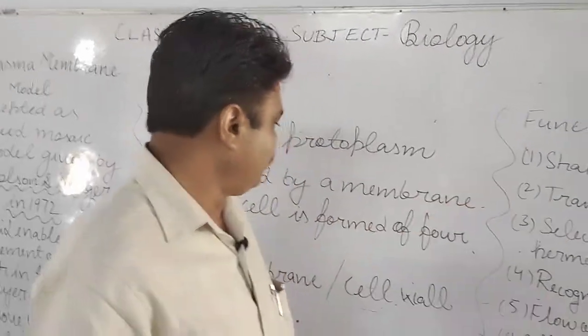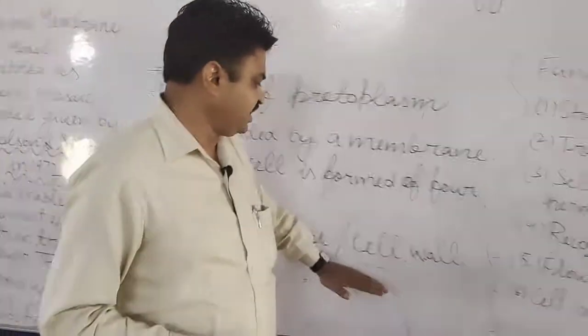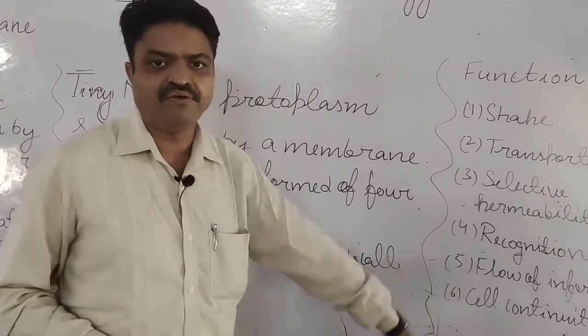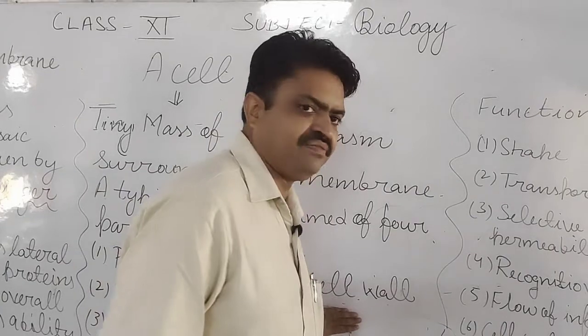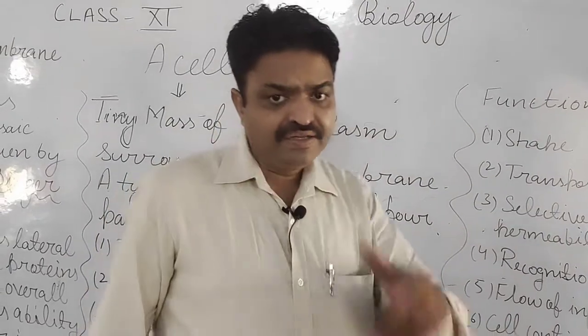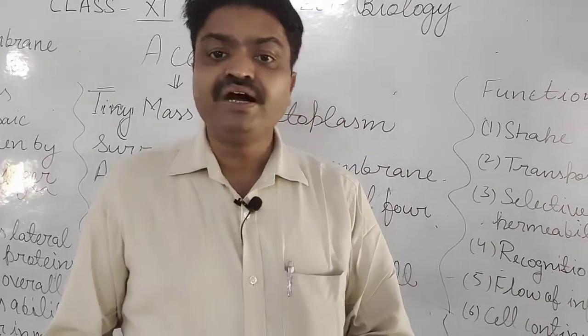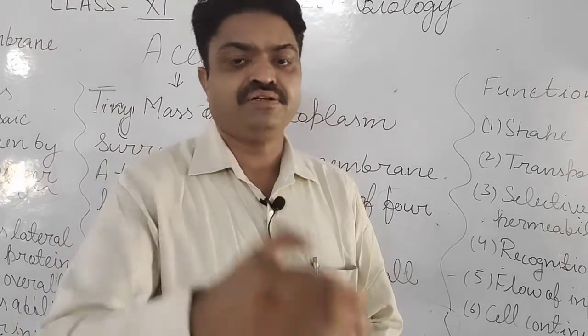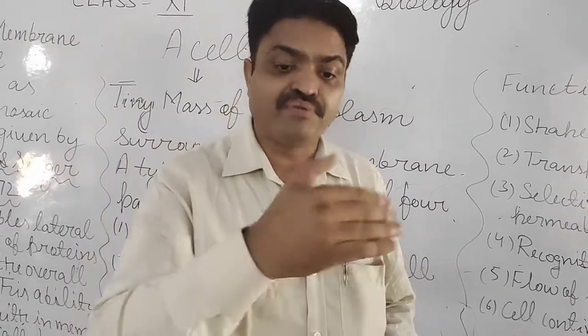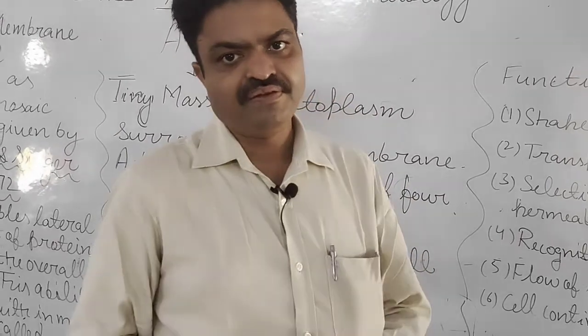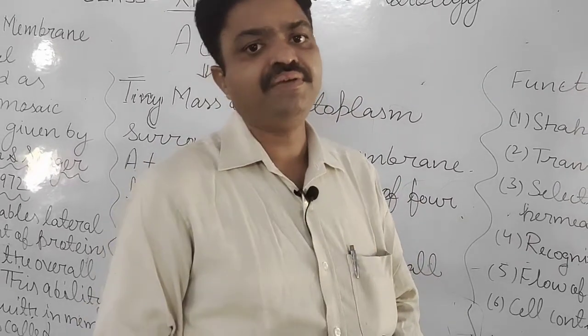Now we come to another boundary of the cell that is specially found in the plant cell, and we call it the cell wall. The cell wall also gives shape and structure to the plant cell, and it provides rigidity. Why does it provide rigidity?